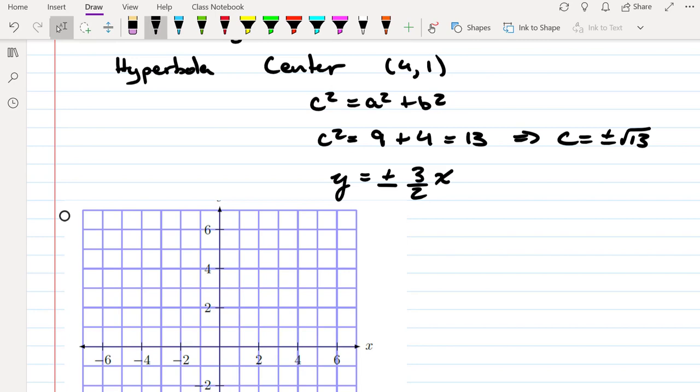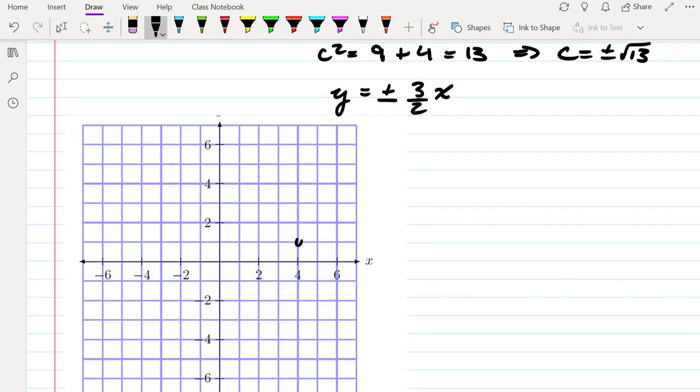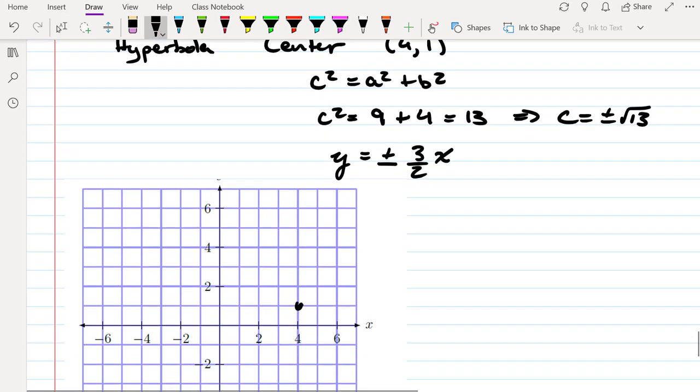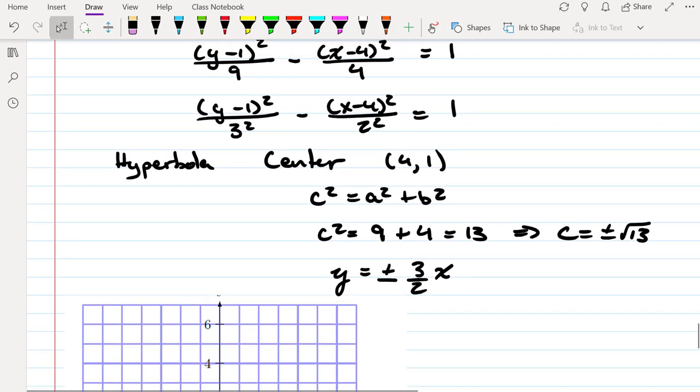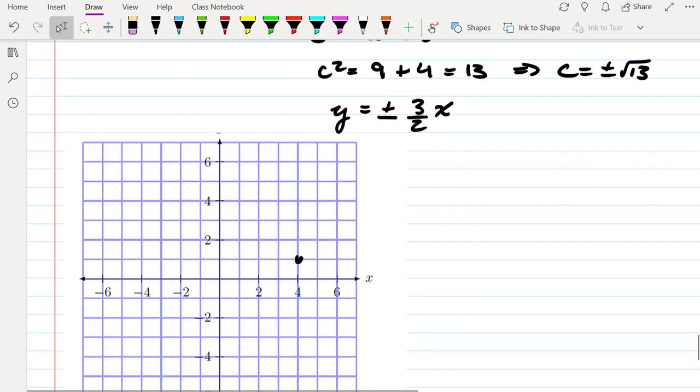So our center is at (4, 1), and our major axis is going to be parallel to y, because our y term is positive, and our foci are going to be up and down from there.